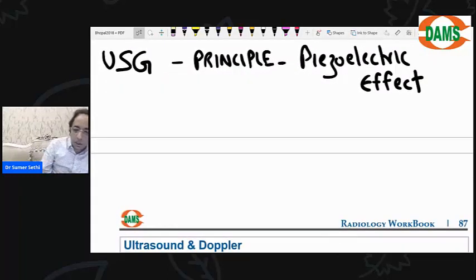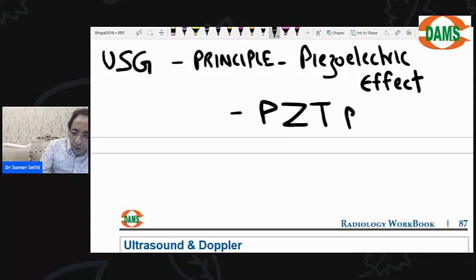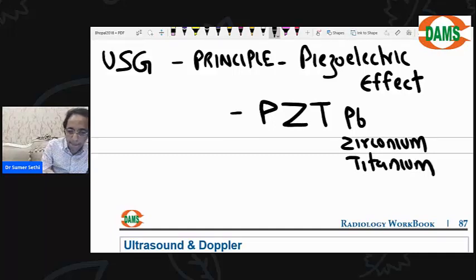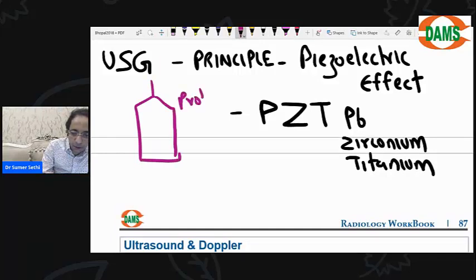Ultrasound crystals are made up of PZT, which is actually a combination of lead, zirconium, titanium. Suppose this is your ultrasound probe. In your ultrasound probe, you have a crystal made up of PZT.